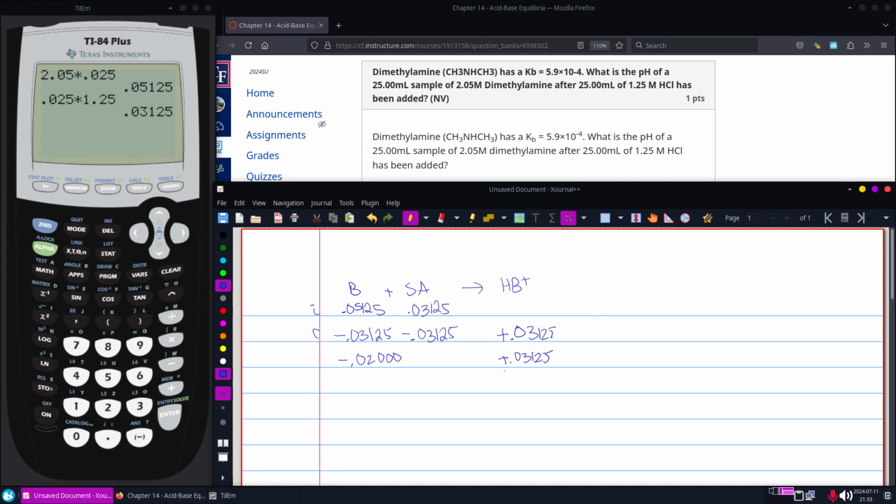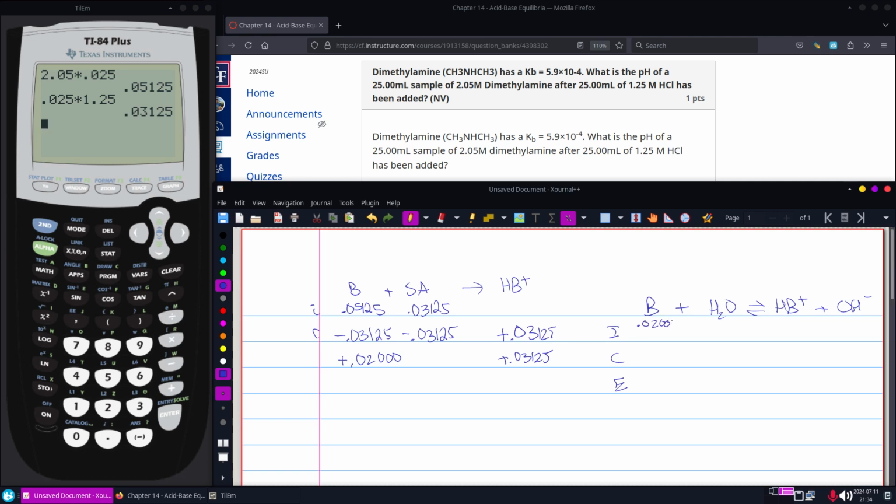We're going to use those values in just a bit, because now that we know that we have base and the conjugate acid, we're going to worry about an actual good ice table that's using that base and the conjugate acid of that base to create a little bit of hydroxide. I'm going to go ahead and write it out, though I'm not going to actually do all this math.